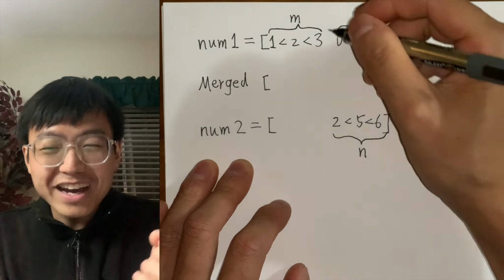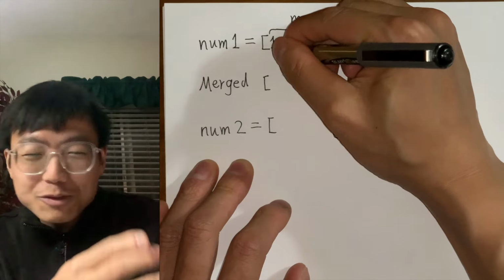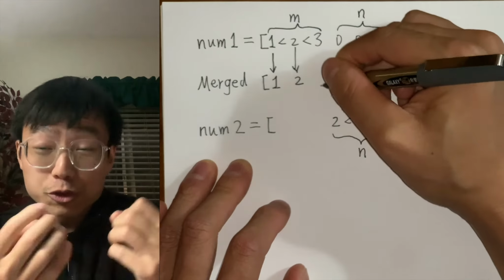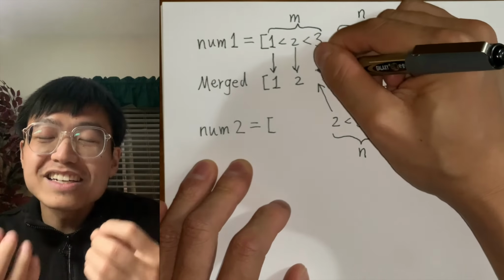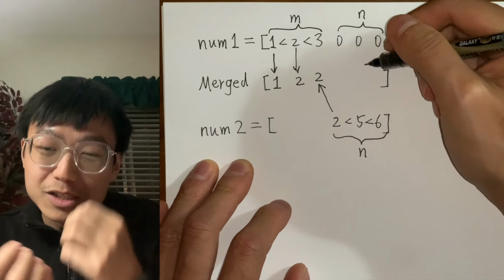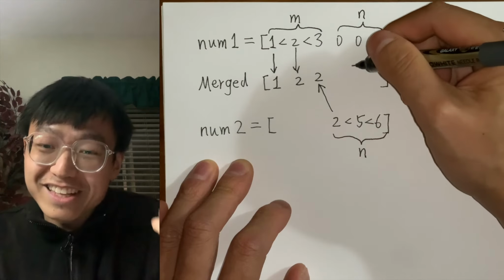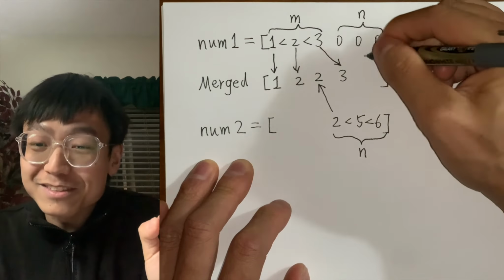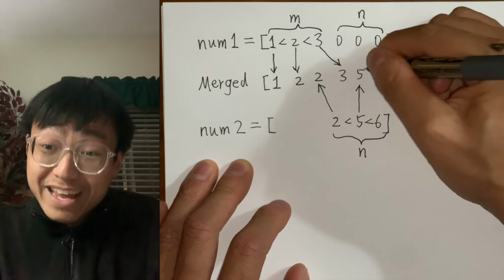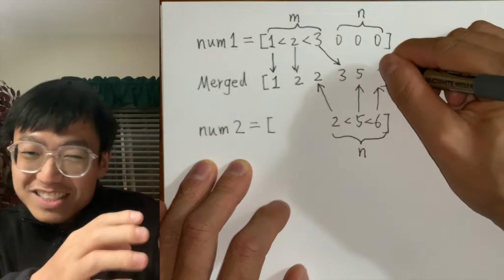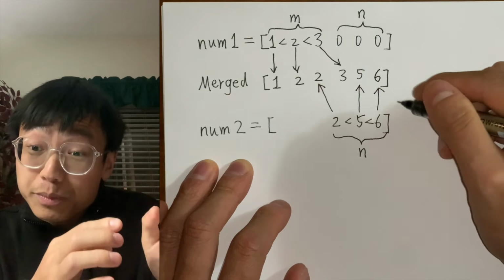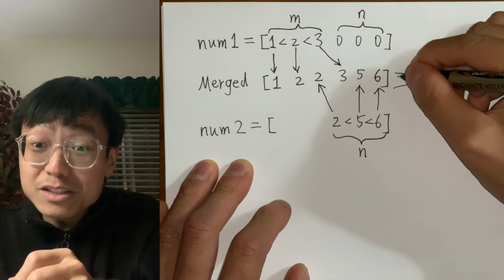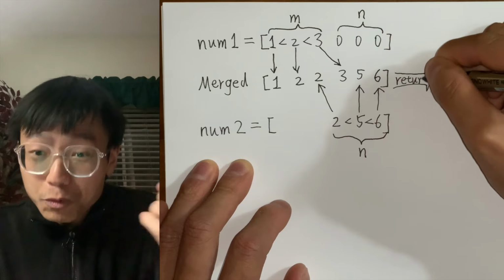So the final sorted array should not be returned by the function, but instead it should be stored inside the array nums1. To accommodate this, nums1 has length of m plus n, where the first m elements denote the elements that should be merged, and the last n elements are set to 0 and can be ignored.